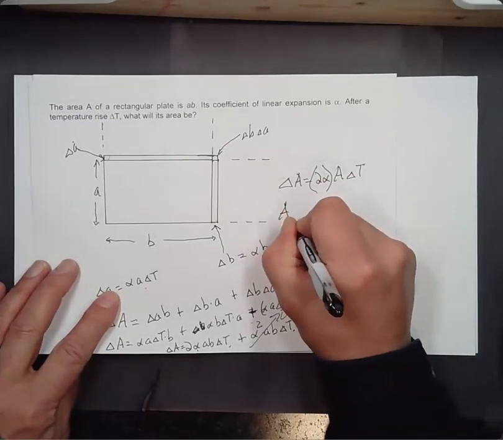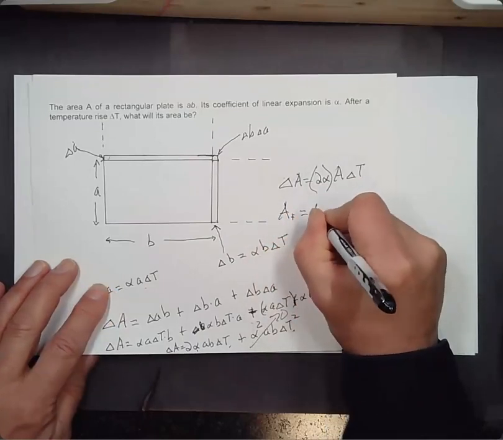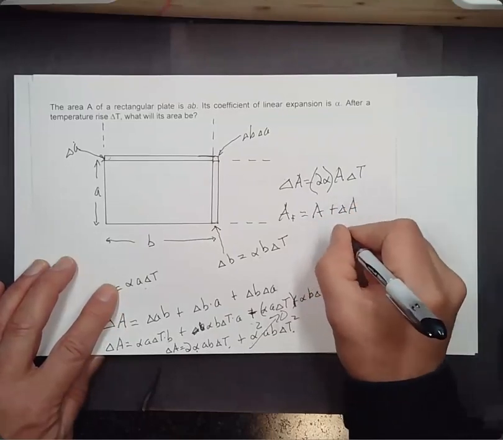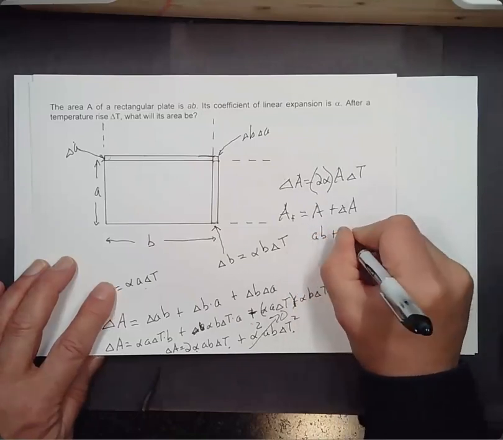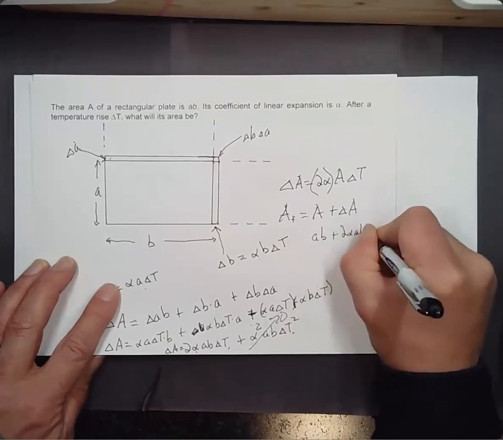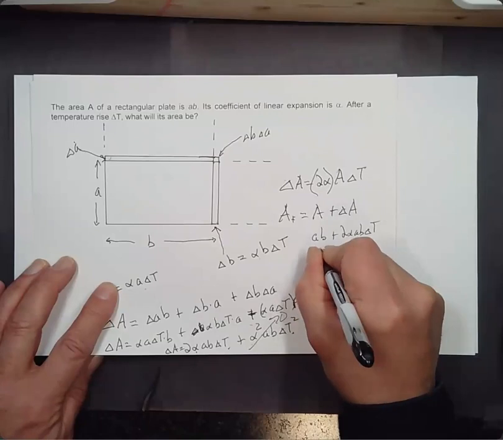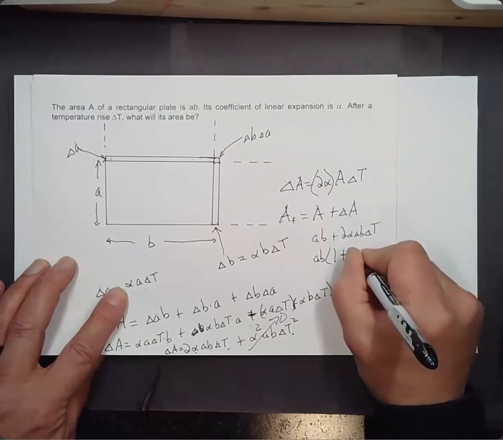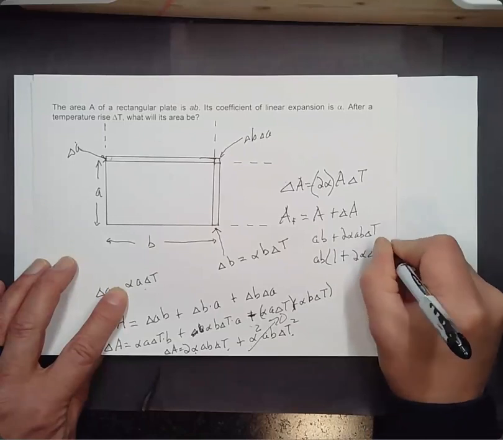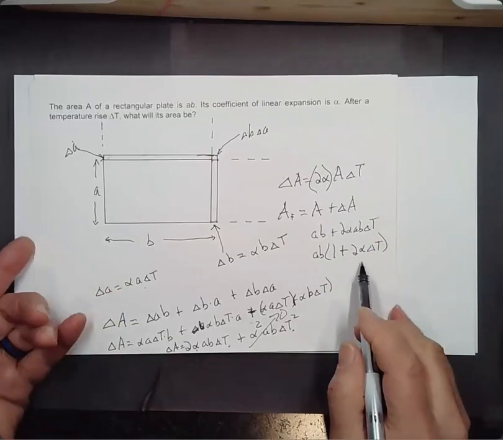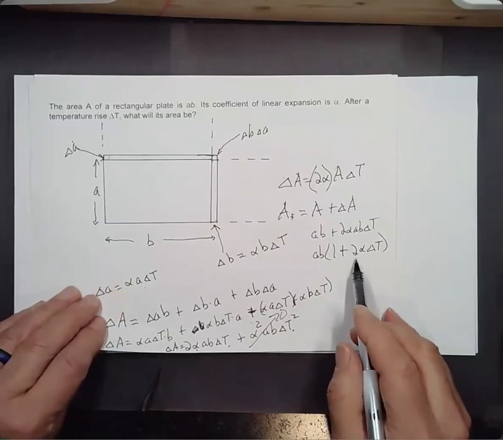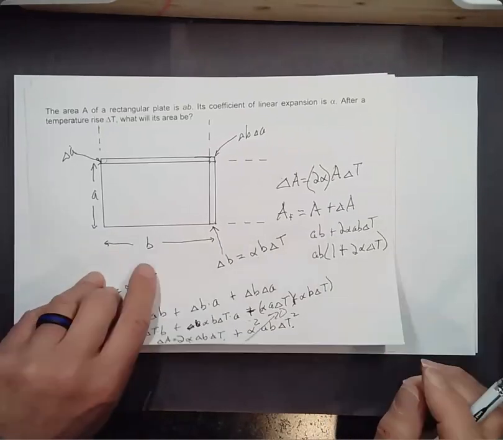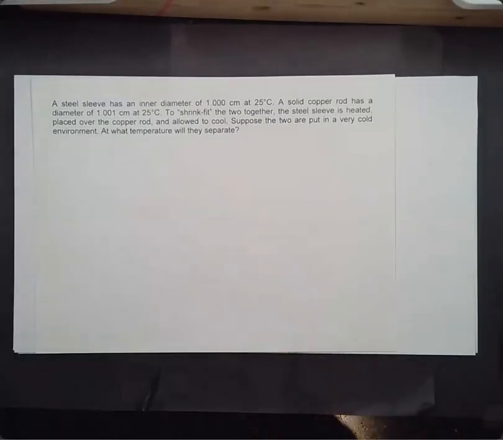The final area, A final, is going to equal A plus delta A, which is AB plus 2 alpha AB delta T, and you can rewrite this as AB, the original area, times 1 plus, we don't usually bother to figure this out, but it'll be 2 alpha delta T. And the big idea out of this one is that an area coefficient of thermal expansion will be twice that of the linear coefficient of thermal expansion.